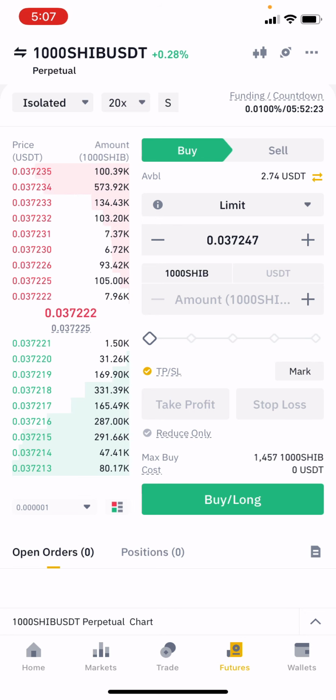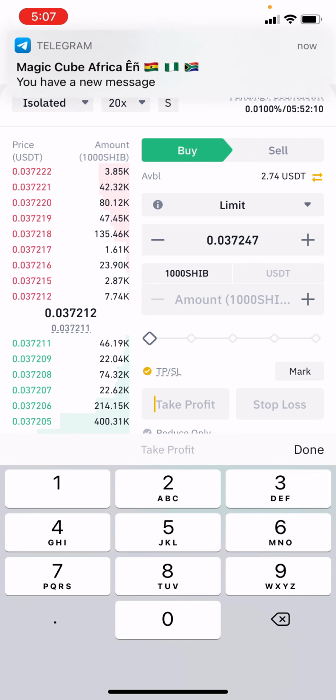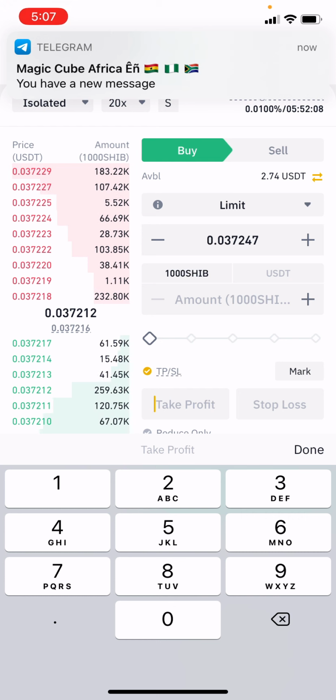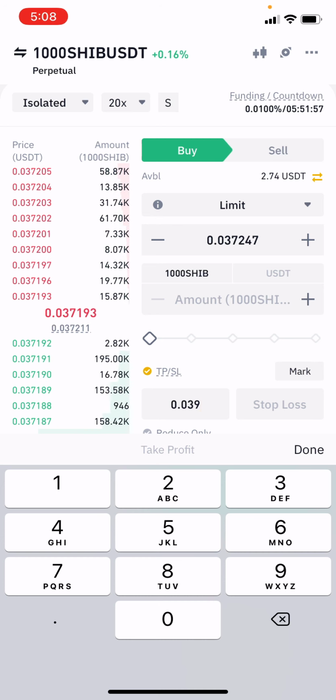So you can see the current market price is 0.037247. I am going to put that this trade should take out my profit when the coin is at 0.039, because right now it is at 0.037.